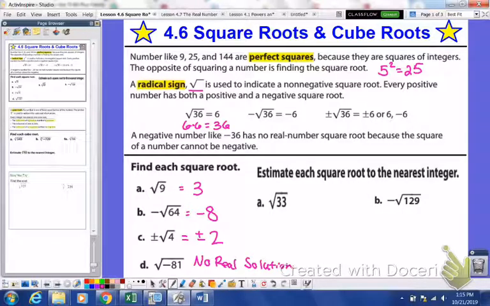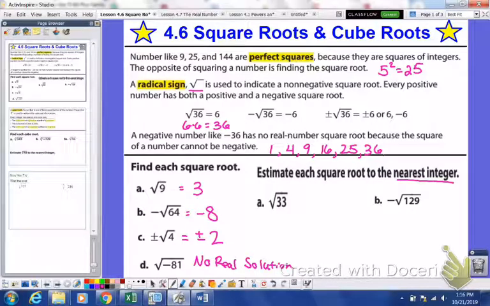Okay, taking a look at the next part, estimating each square root to the nearest integer. Nearest integer. That means square root of 33. 33 is not a perfect square, so I want to think about what perfect squares 33 is closest to. If I go through my list, 1 squared is 1, 2 squared is 4, 3 squared is 9, 4 squared is 16, 5 squared is 25, 6 squared is 36.